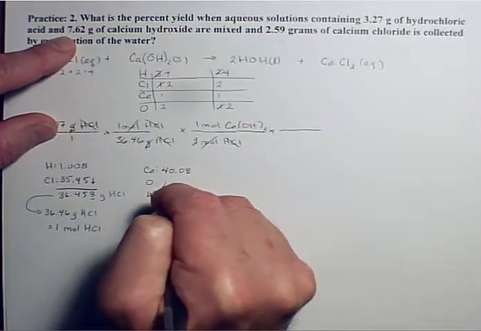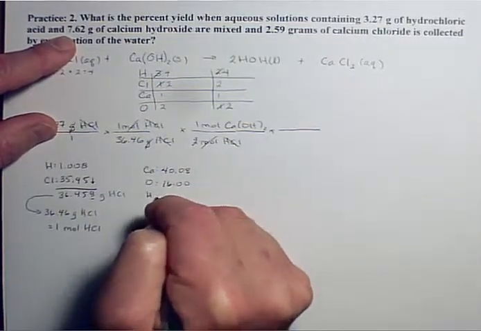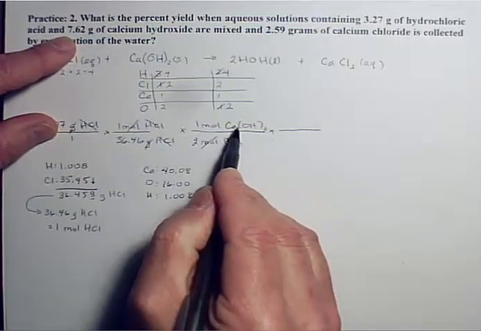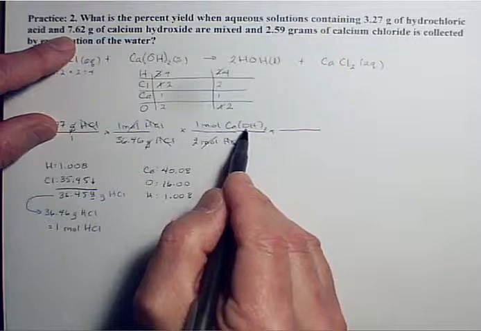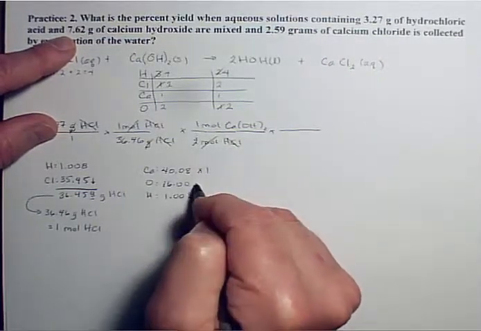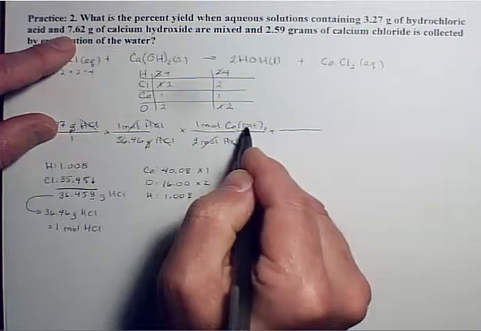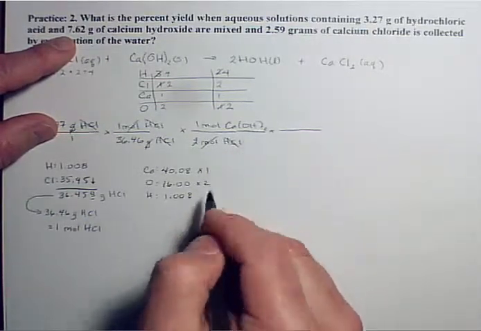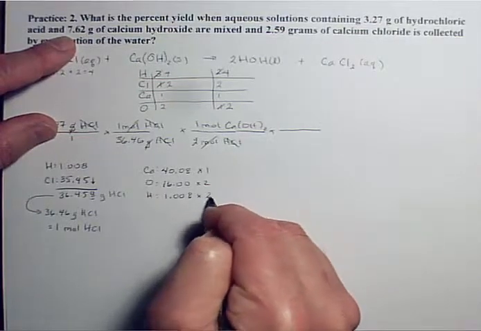The atomic mass for oxygen is 16.00, and for hydrogen is 1.008. But now we've got more than one of the oxygen and hydrogen. So I'm going to multiply all these. This is times 1 because there is one of those. This one's times 2 because there's 2 oxygens. The parentheses means I'm multiplying everything inside that. And there's 2 hydrogens, okay?